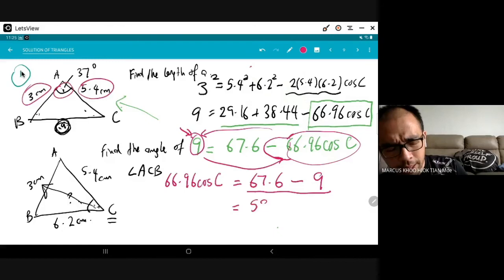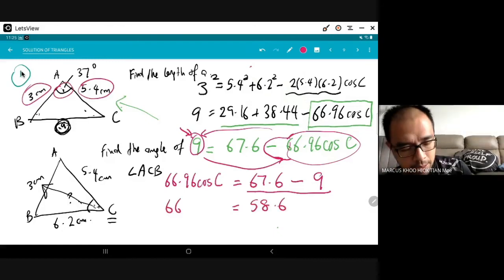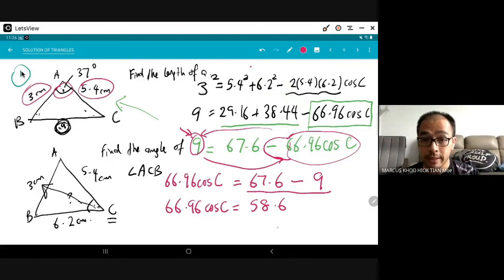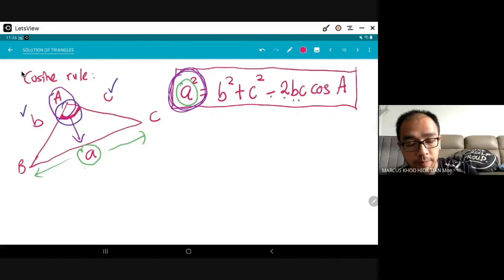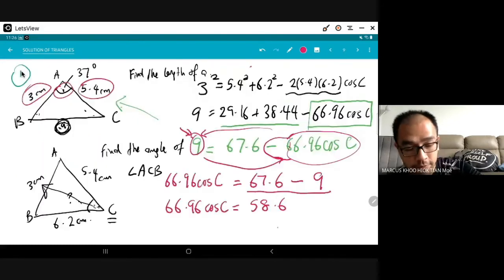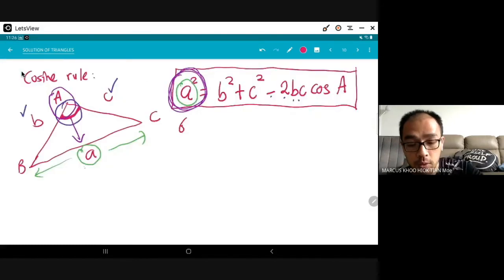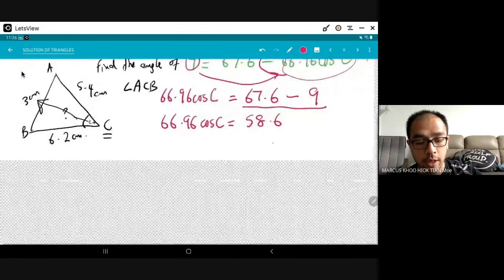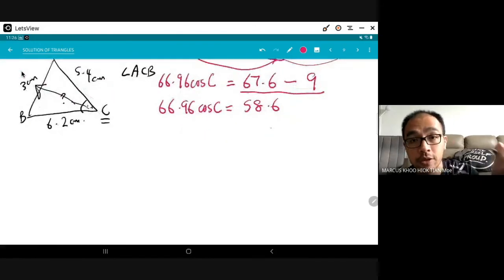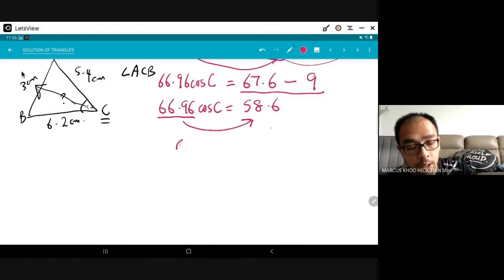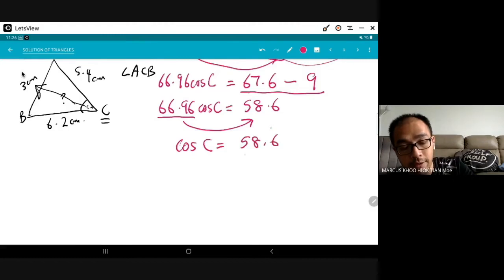So 66.96 cos C equals to 58.6. And this one, move across, becomes cos C equals to 58.6 divided by 66.96.